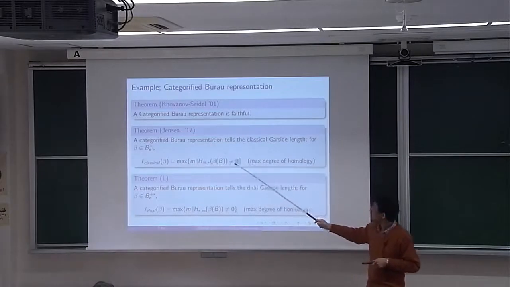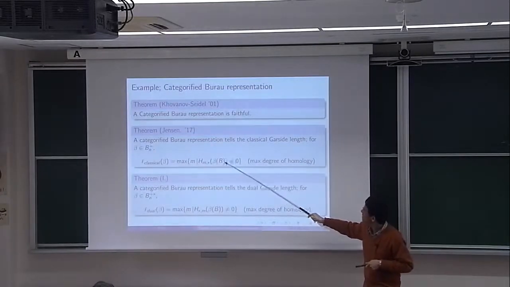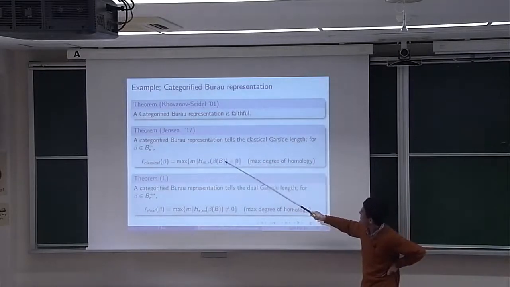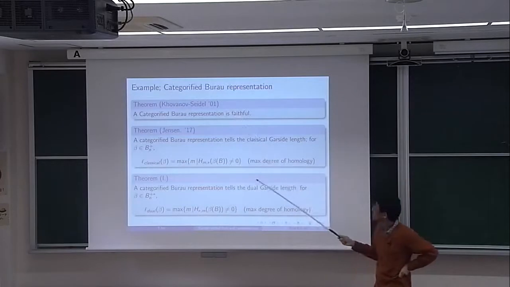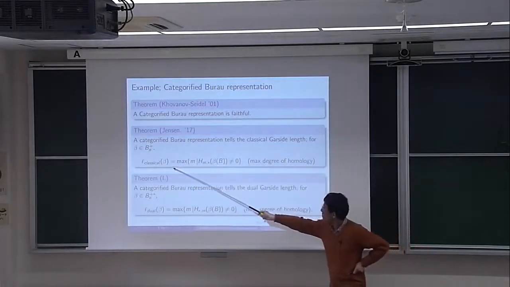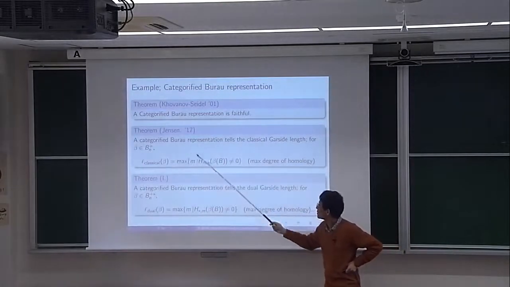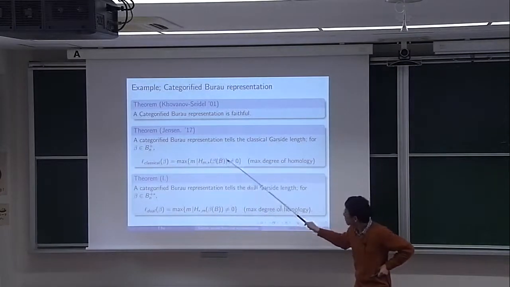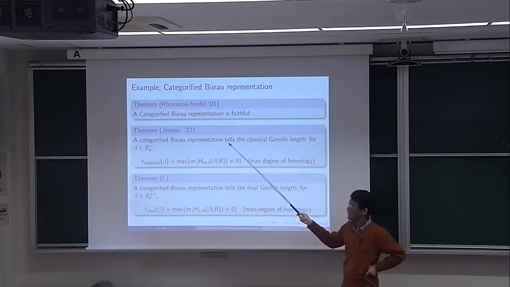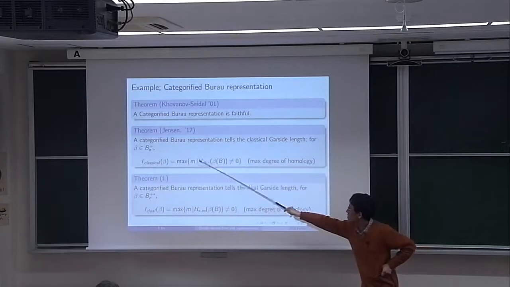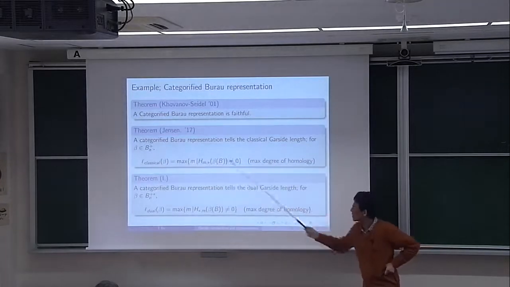Here B means a certain chain complex in the target of the categorified Burau representation. Anyway, this is a somewhat natural choice. This says that from the braid's action on its object, we are able to know the Garside length in a similar and quite simple way.